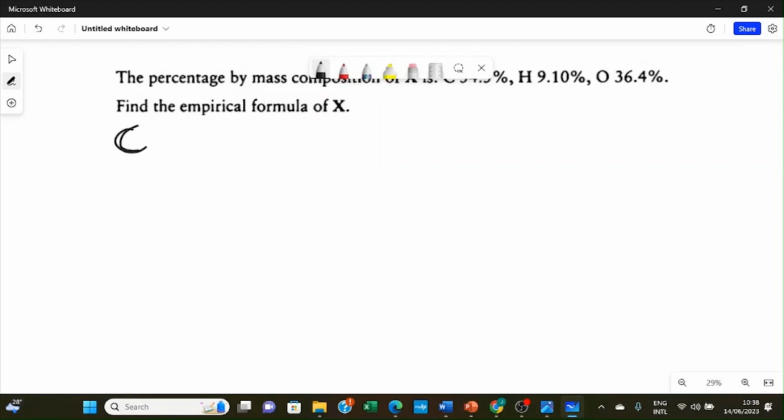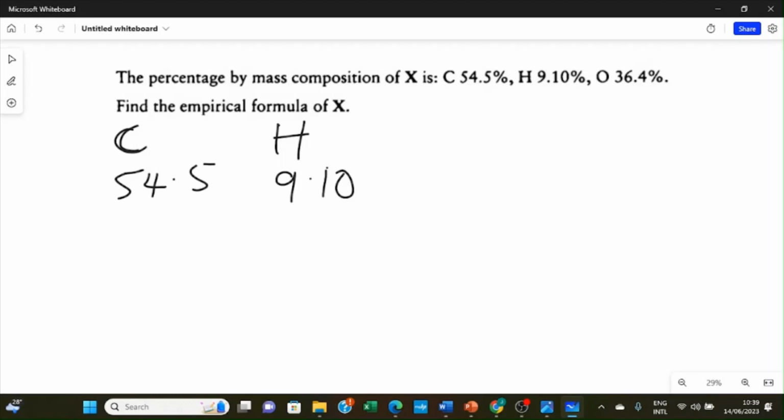Carbon is 54.5, hydrogen 9.10, oxygen 36.4. So these are the percentage composition by mass. So you're asked to calculate what the empirical formula is. So divide both sides by the relative atomic masses of each of the elements.